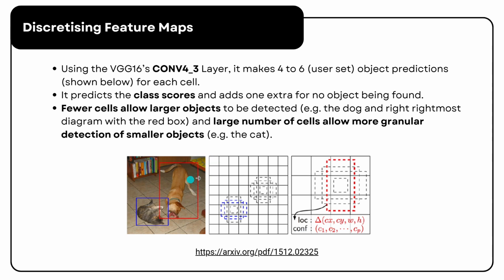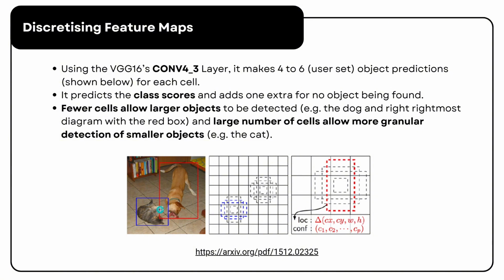Here is the key idea. Fewer cells, a coarser feature map, can better detect larger objects, as they cover a broader spatial area. On the other hand, a greater number of cells, finer feature maps, are better at detecting smaller objects as they provide more precise location.